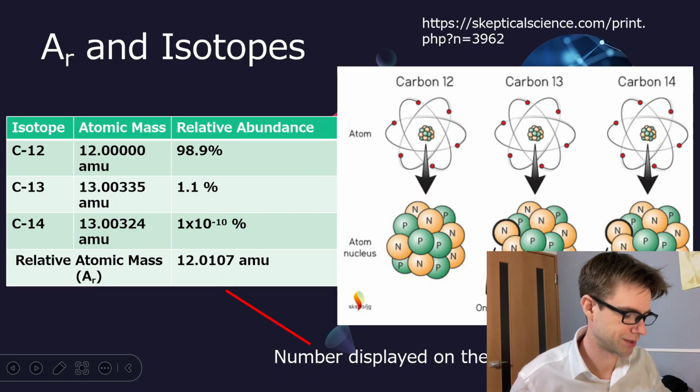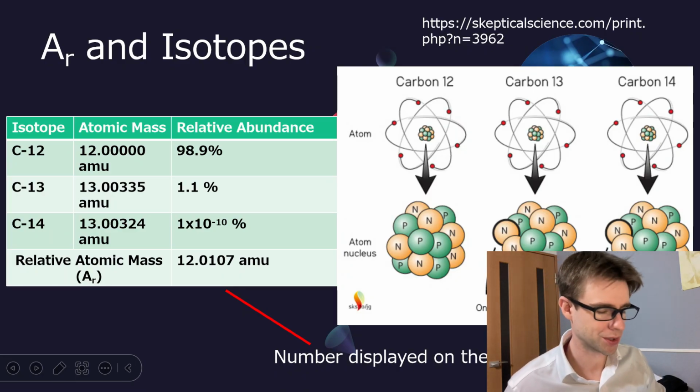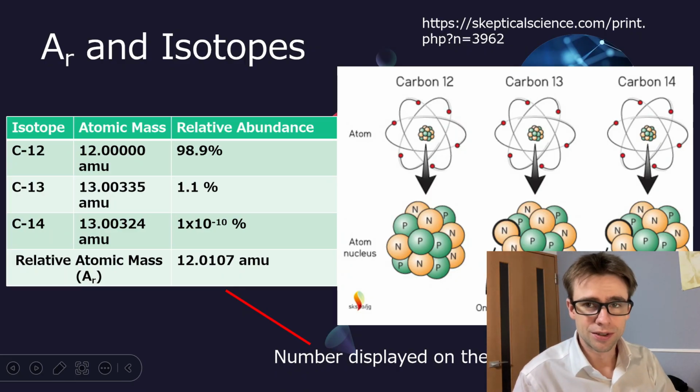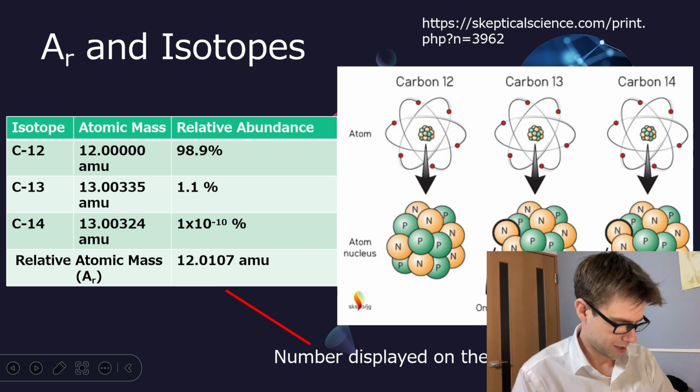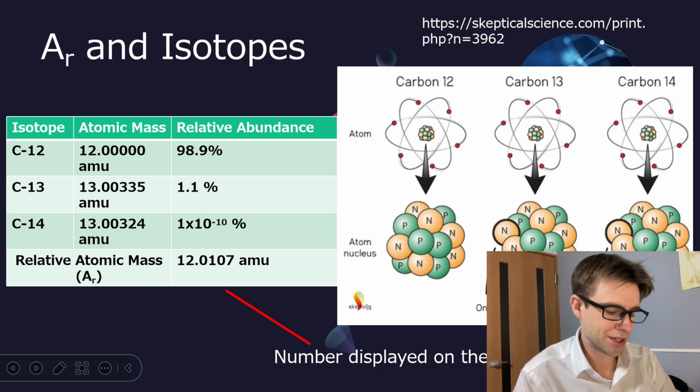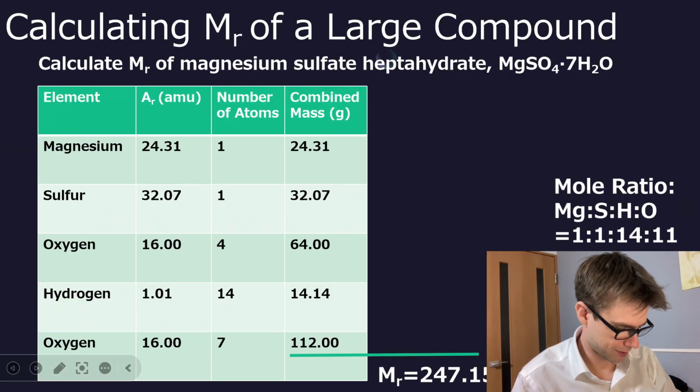That relative atomic mass comes out to 12.0107. So the number on the periodic table is not exactly 12.000 like the carbon-12 atom's mass is. Rather, it's a little higher because there are contributions from carbon-13 and 14, mostly 13. I just wanted to mention that.